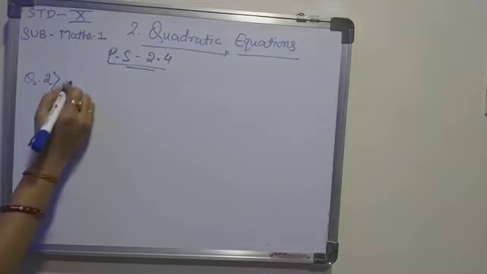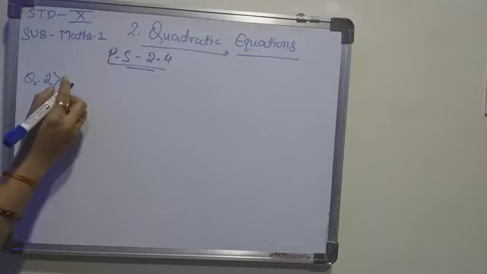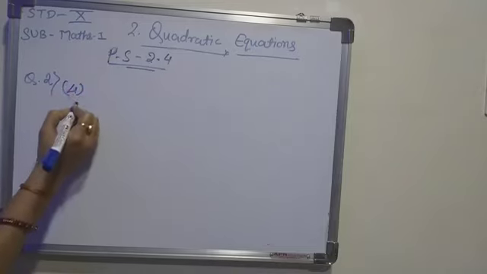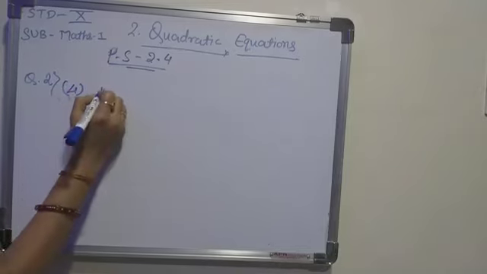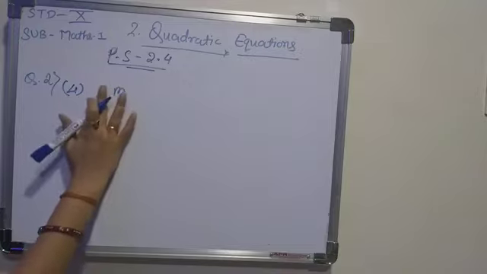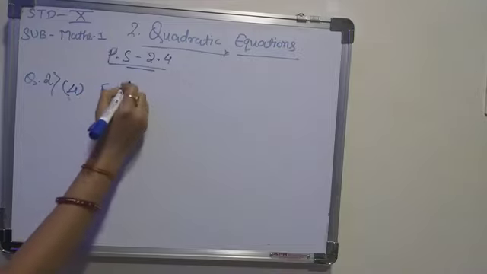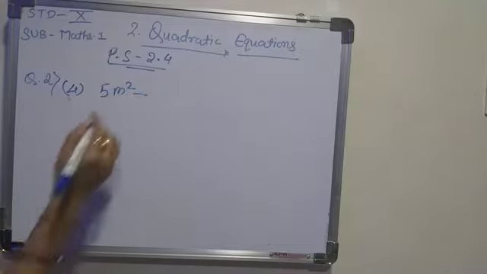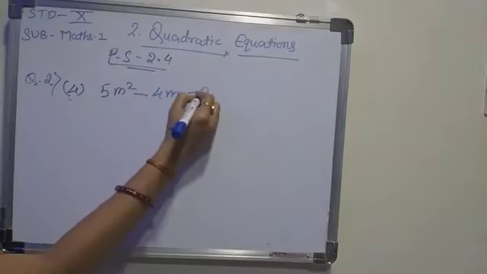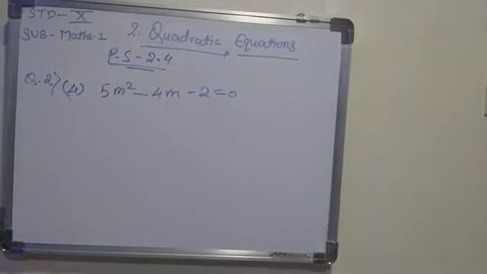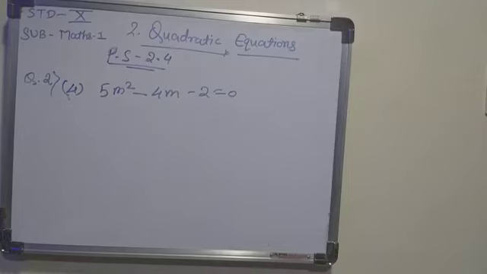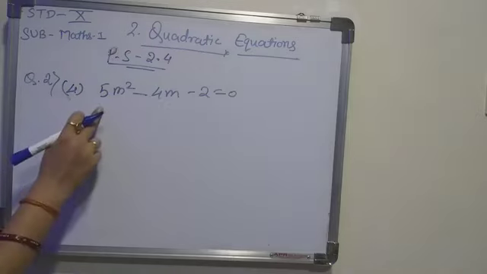So let's solve part 4 of question number 2: 5m square minus 4m minus 2 is equal to 0. We have to find the roots of the quadratic equation by using the formula. First we are going to compare this with the general form.